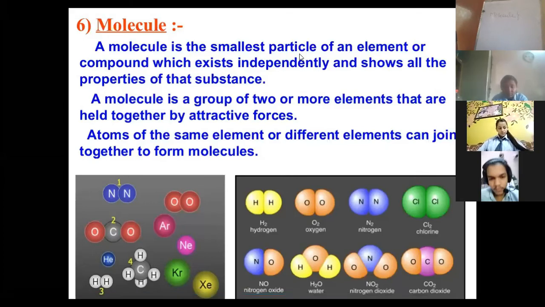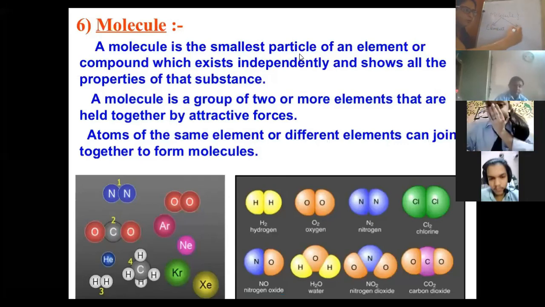Now, as I've told you, molecules are of two different types: molecule of an element and molecule of a compound.